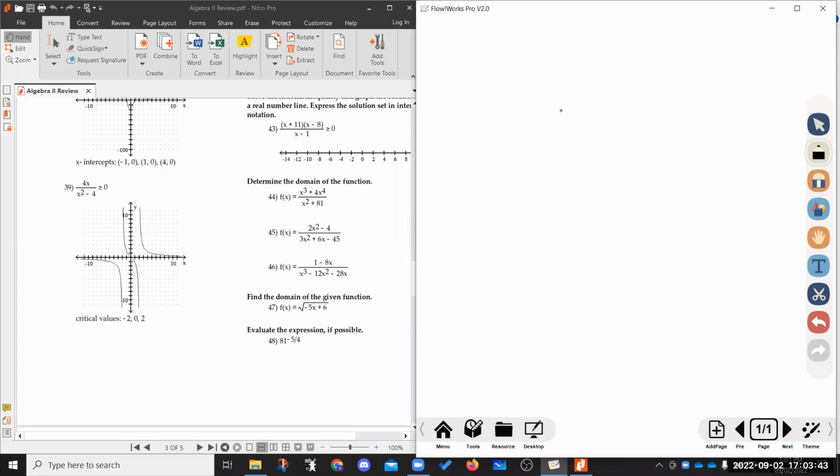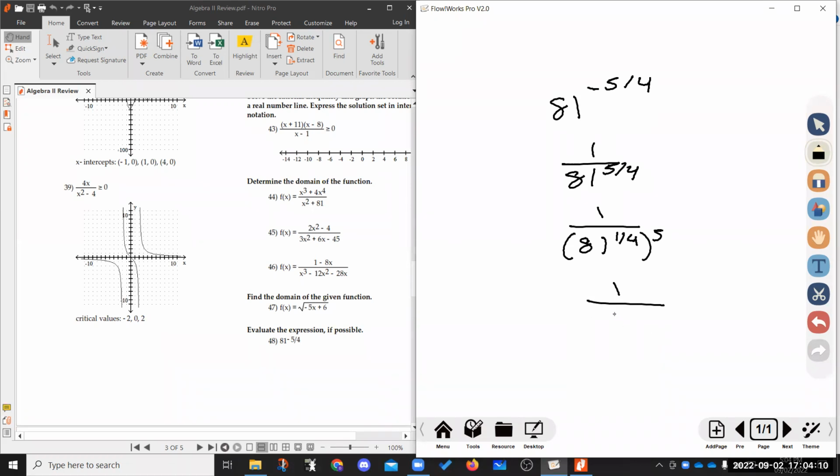Evaluate the expression if possible, 81 to the negative 5/4 power. So I'm going to evaluate that by saying that that is 1 over 81 to the 5/4 power, which is 1 over 81 to the 1/4 power raised to the 5th power, which is 1 over 3 to the 5th.